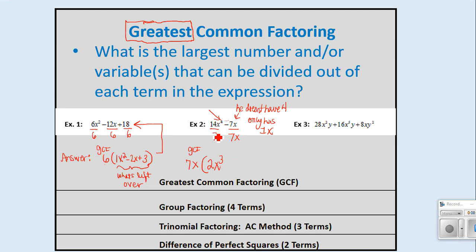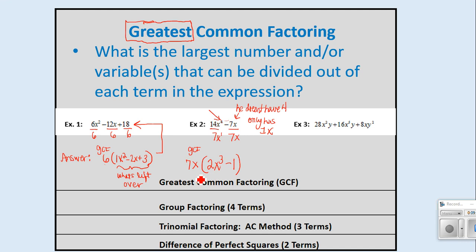Numbers are actually divided, but x's are subtracted, okay? Negative 7 divided by 7, negative 1. X divided by x, well, if you have an x and I take an x away from you, you have no x, all right?